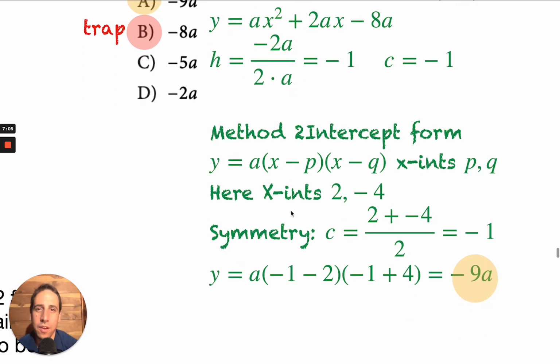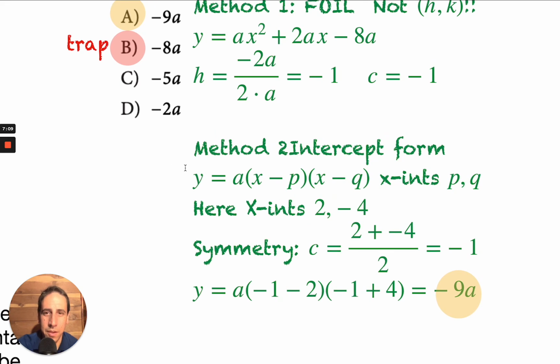The second way of doing this is intercept form, like I was saying. Here's a formula: y equals a times x minus p times x minus q, and in this format, if it's already factored, it gives you the x-intercepts immediately, which is often really helpful. Whatever number p, this would be x minus p, or whatever number q, this would be x minus q, and those are the two x-intercepts.